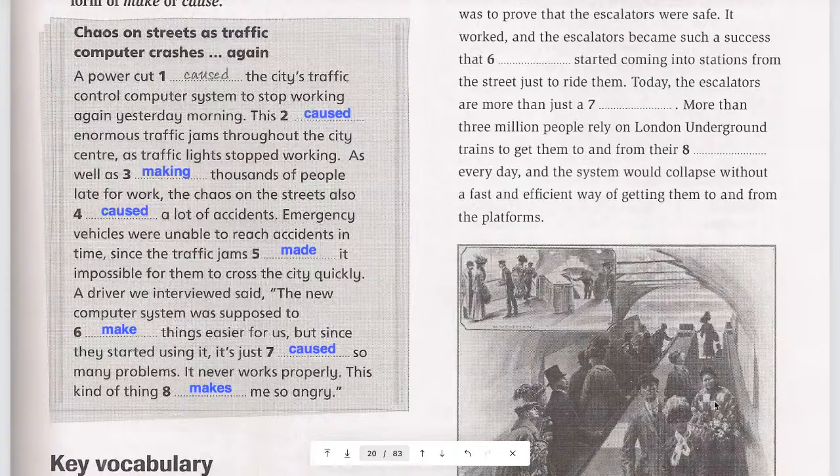A driver we interviewed said the new computer system was supposed to make things easier for us. The answer is make, not cause. Now, why is that?